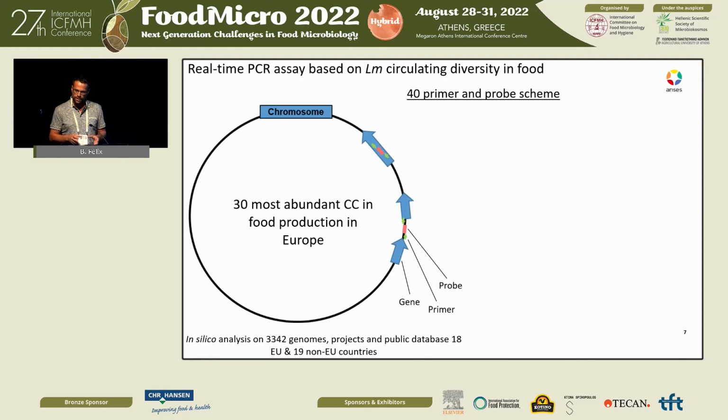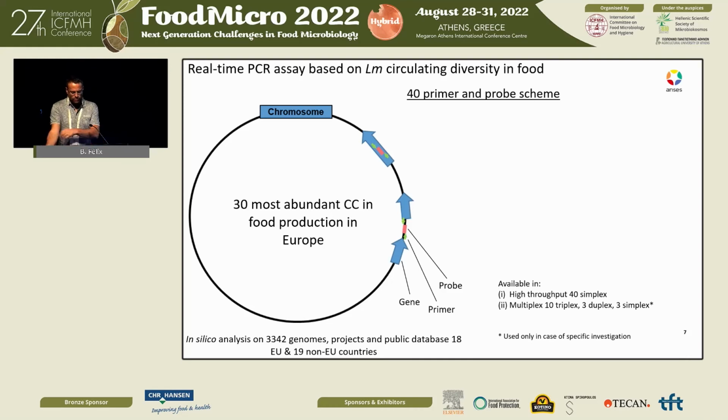The dataset of genomes was representative of the Listeria circulating in the world. So we have strains from 18 EU countries and strains from 19 non-EU countries for the design. So we are not going to design for Europe only, but for a method that could be applied worldwide, but the targeted CC are for Europe.